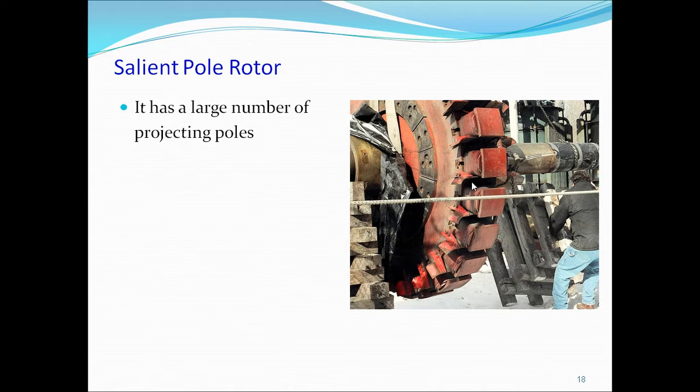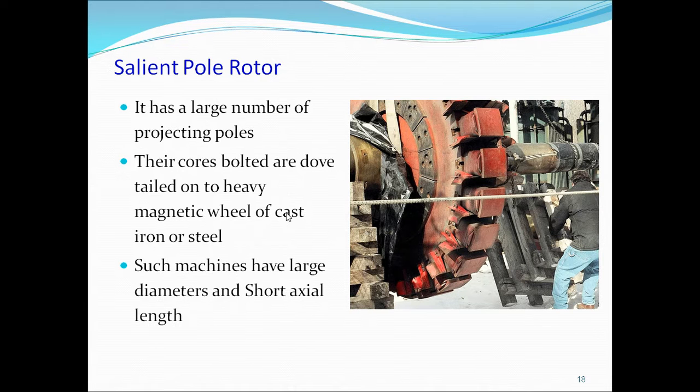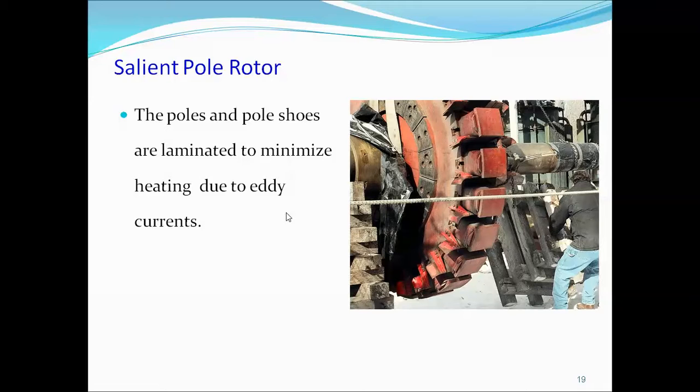The salient pole is used in low and medium speeds, and it has large projected poles. These cores are bolted and a heavy magnetic field is produced, and these are made with cast iron or steel. They have large diameter and short axial length. The poles and pole shoes are laminated.